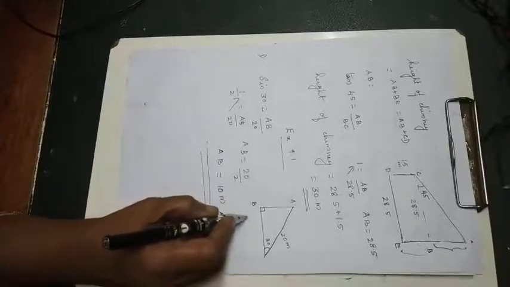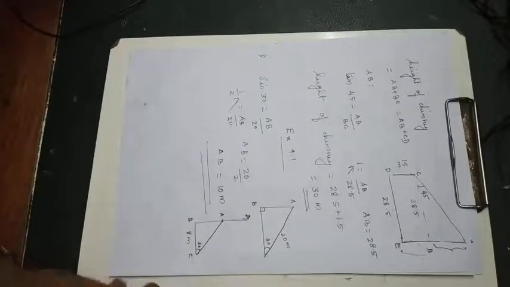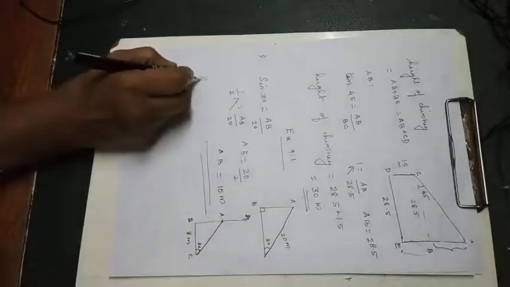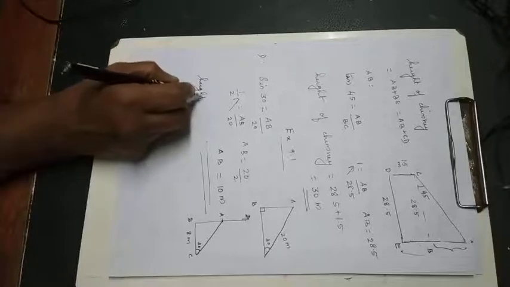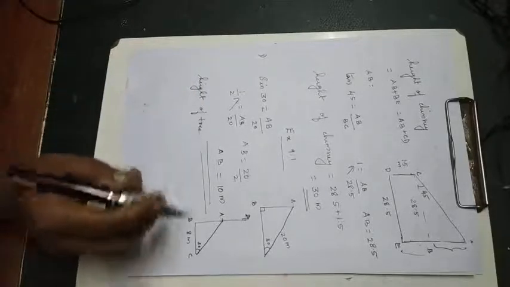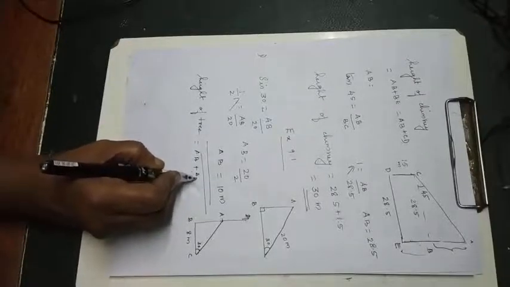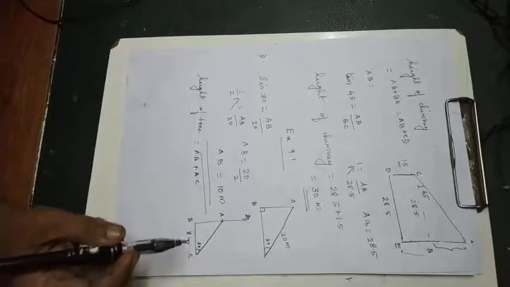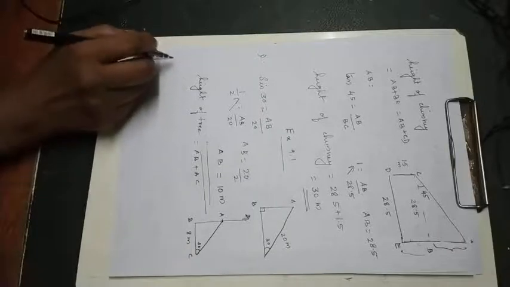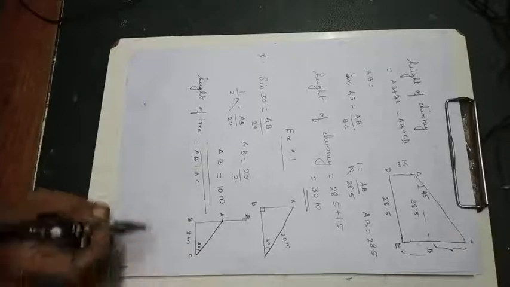Actually D will come, AD and AC will be the same. This one is bent. So height of the tree is equal to AB plus AC. Now first find out AB. That is opposite side by adjacent side, you can take.